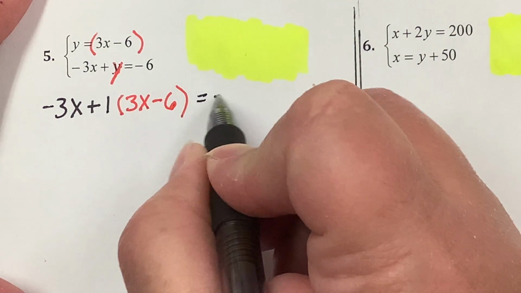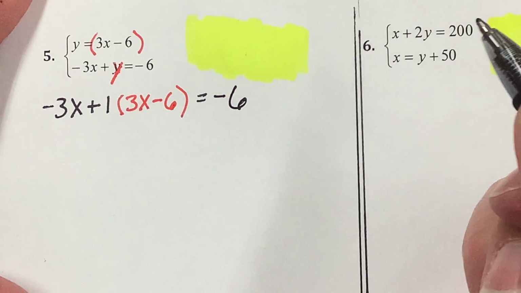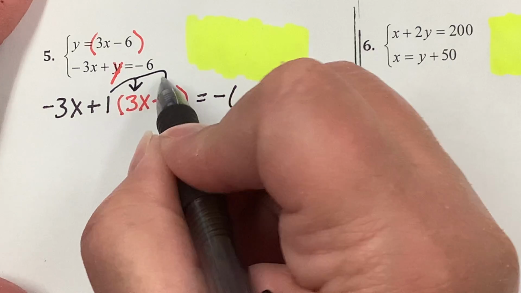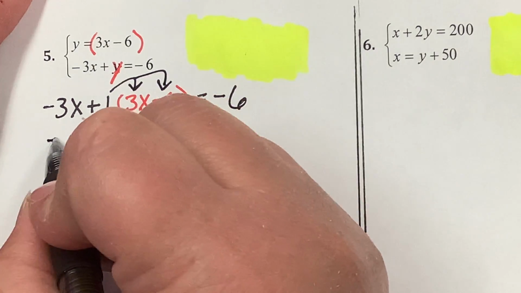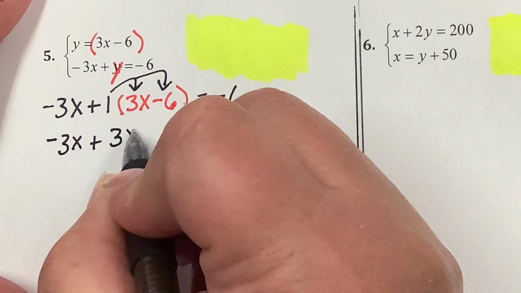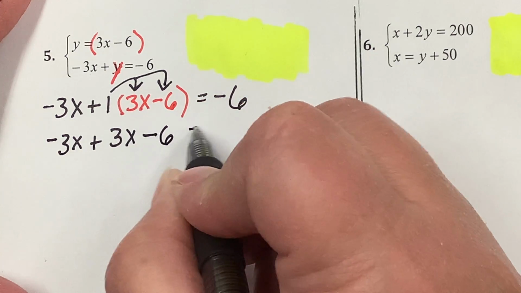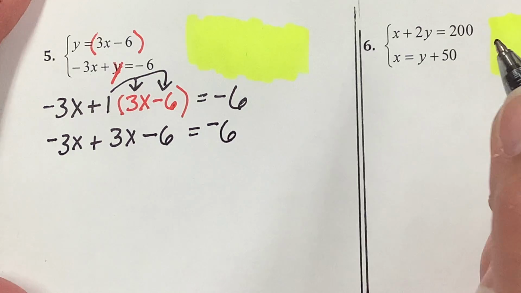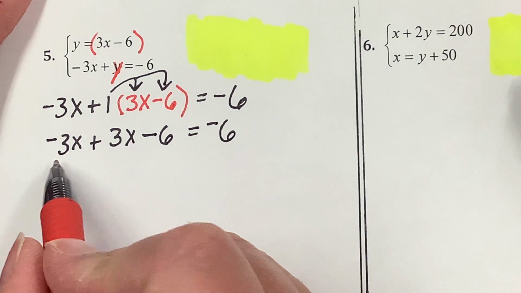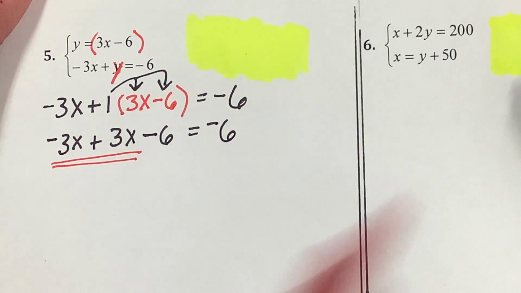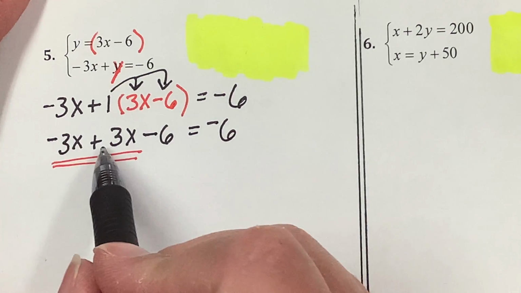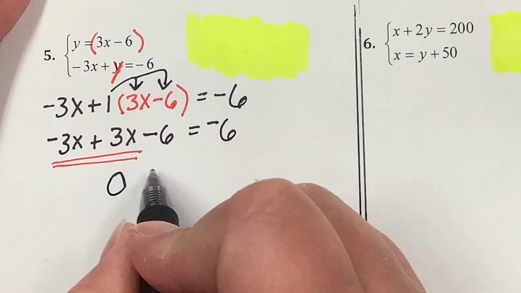equals negative 6. Okay, distribution. I'm going to multiply 1 times 3x and 1 times negative 6. So I have negative 3x plus 3x minus 6 equals negative 6. Combine like terms. When they're on the same side of the equal sign, you do the same operation that you're given. So negative 3x plus 3x is 0.